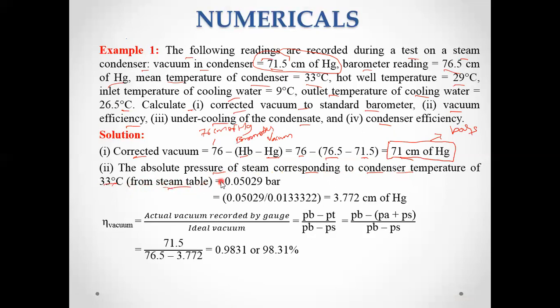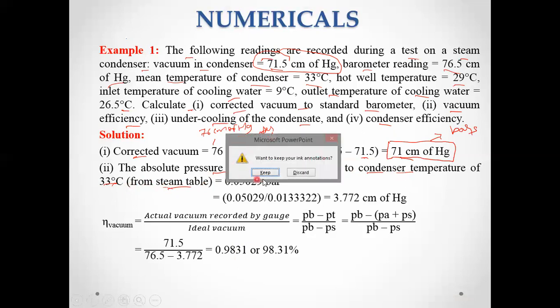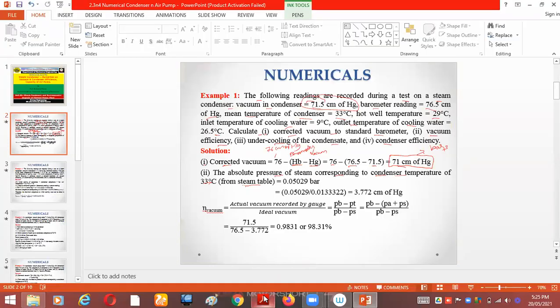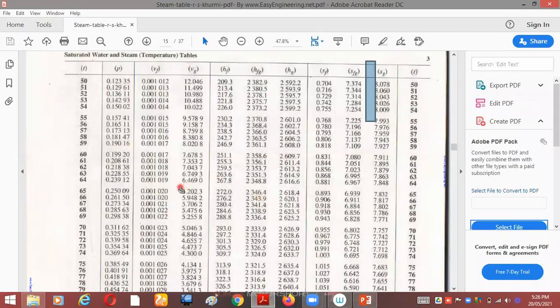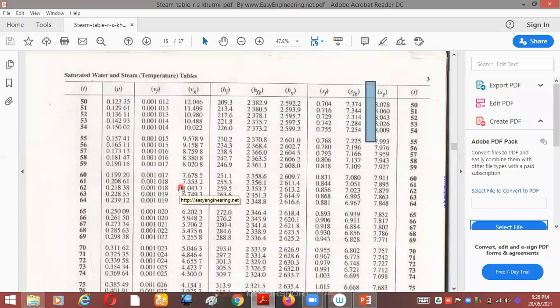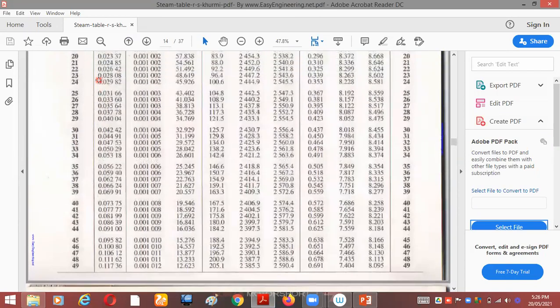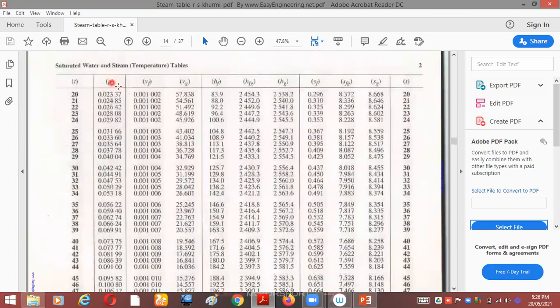So I will take you to the steam table now, for 33 degrees Celsius. For temperature 33 degrees Celsius, you can see this is the pressure, in terms of bars.